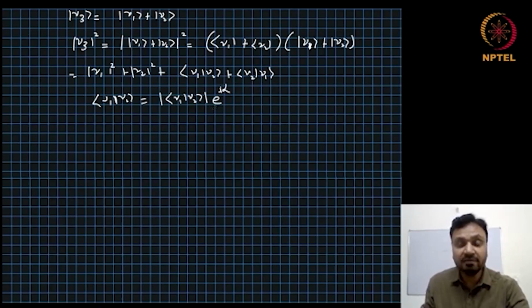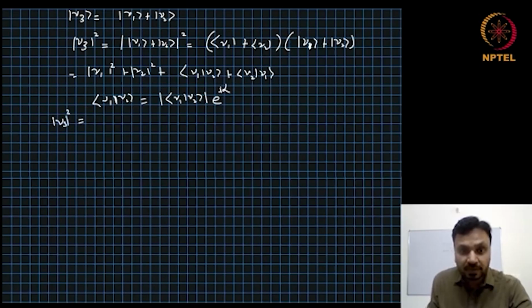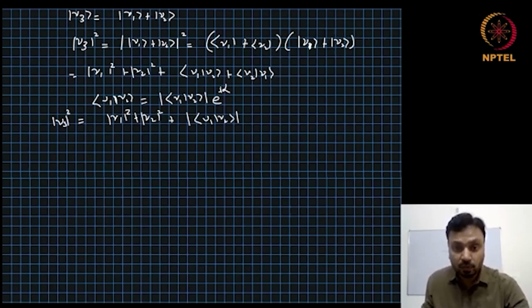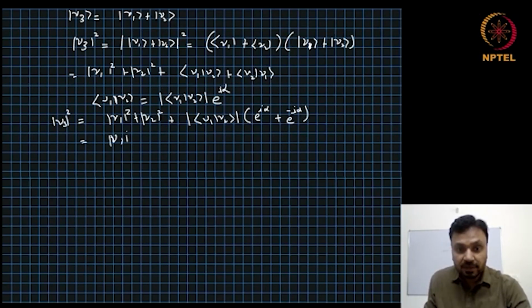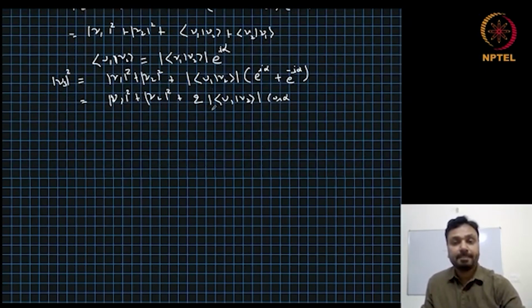So exponential of i alpha is our phase, and the rest is our magnitude. So |v3|² can be written as |v1|² plus |v2|² plus |⟨v1,v2⟩| e^{iα}, just let me remind you that |⟨v1,v2⟩| is the same as |⟨v2,v1⟩|, and the other one has to be the complex conjugate, so it's e^{-iα}. So this is |v1|² plus |v2|² plus 2|⟨v1,v2⟩| cos α, since e^{iα} plus e^{-iα} is 2 cos α.